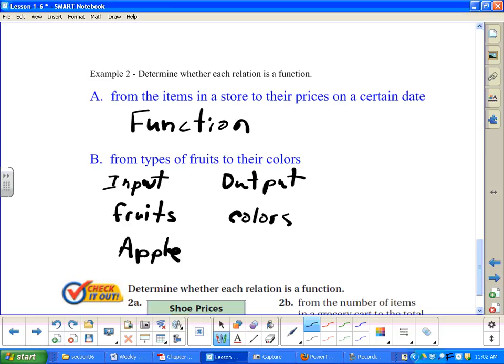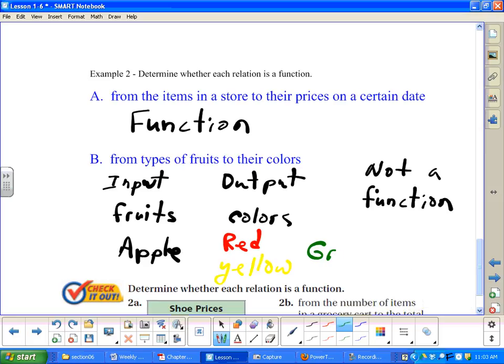Now, does apple come in more than one color? Yes, they do. So is that a function? No, this is not a function, because apples could be red, or they could be yellow, or they could be green.